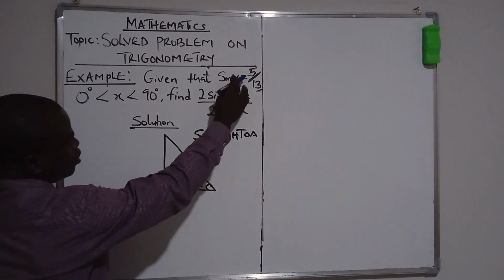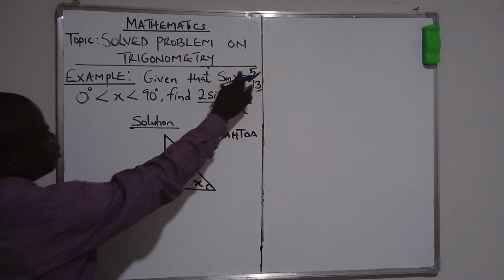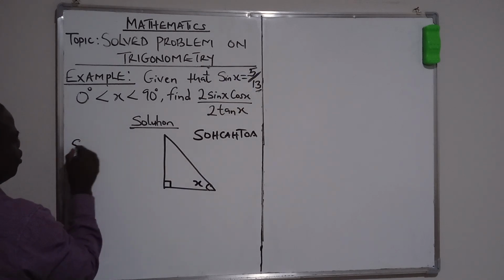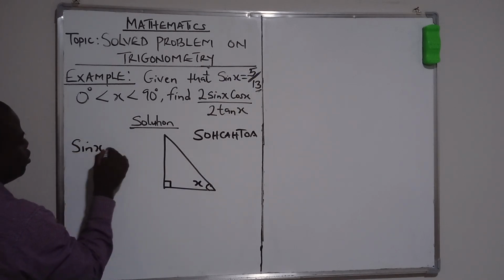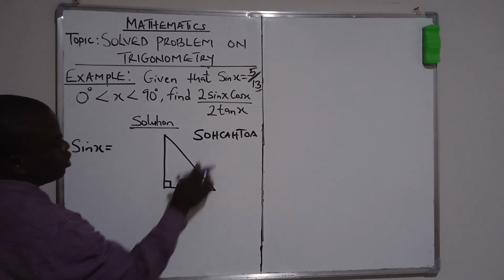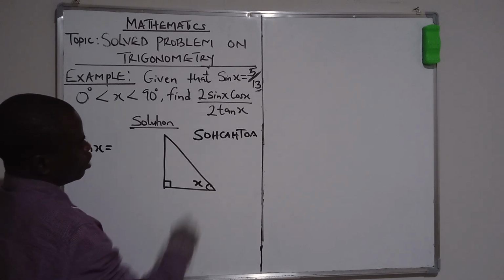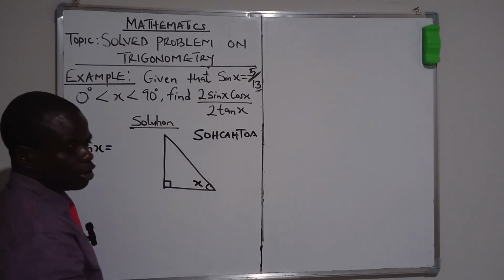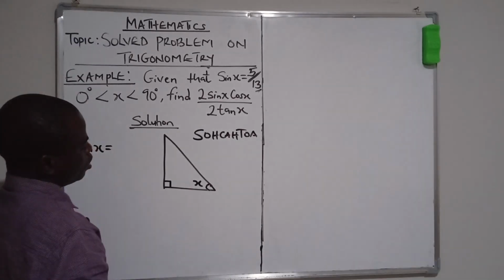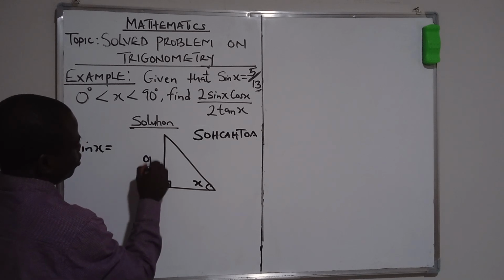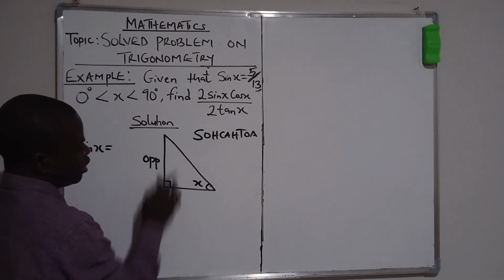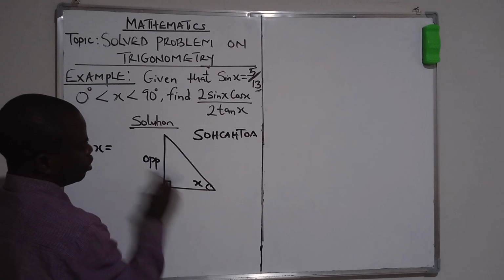Since we are dealing with sine x, we are given sine x to be 5/13. Write sine x equals opposite over hypotenuse. O stands for opposite, H stands for hypotenuse. The line that is facing the angle is the opposite.